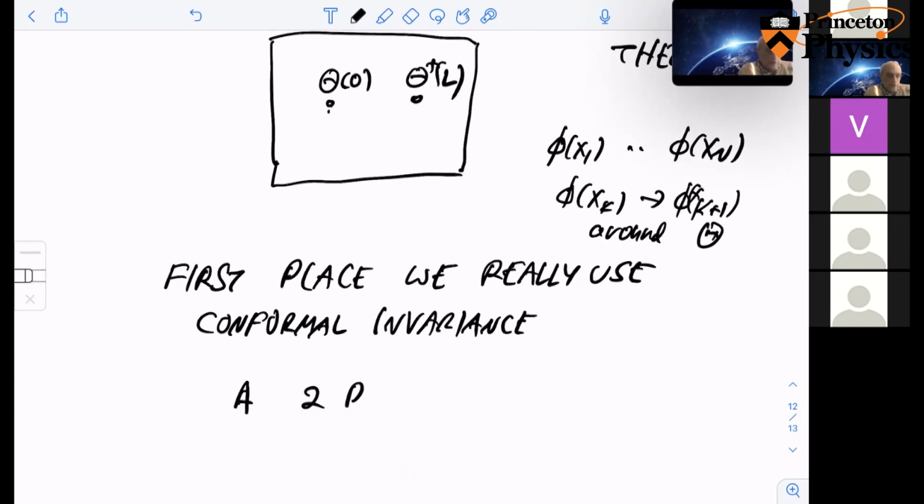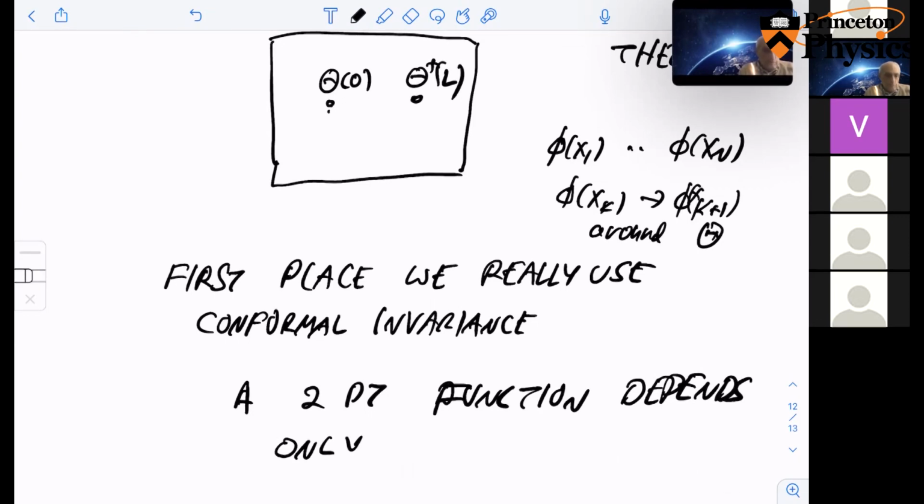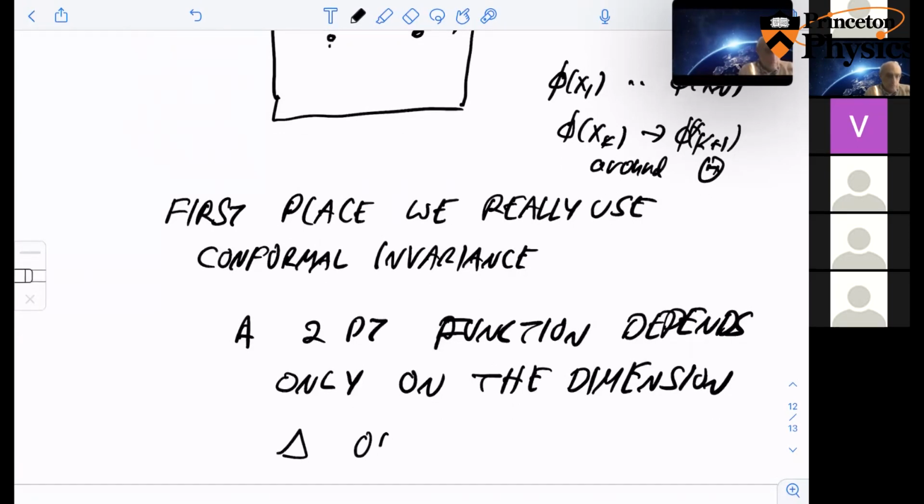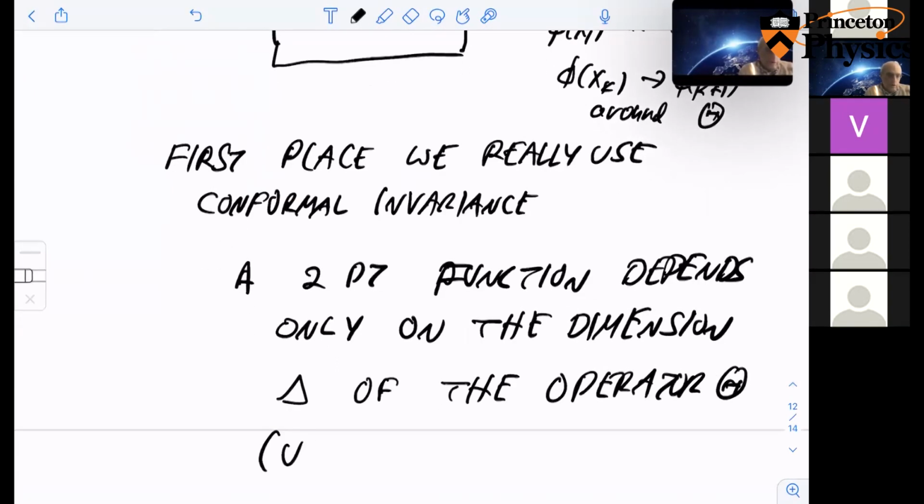A two-point function depends only on the dimension delta of the operator theta, up to a multiplicative constant.